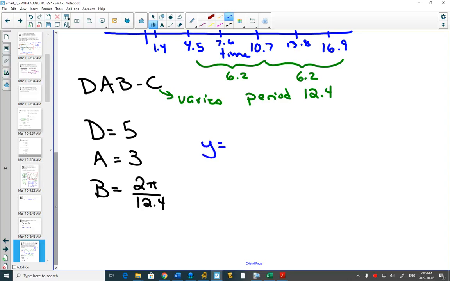So we now can go and write our sine graph. So amplitude 3, sine, b value 2 pi over 12.4, x minus something, and our d value plus 5.